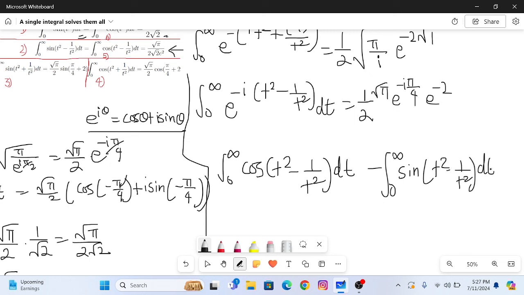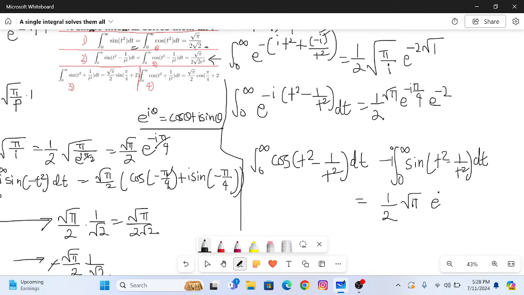Yes, and all with an i in front, and this is equal to 1 by 2 root pi, and then e to the power minus i pi by 4 times e to the power minus 2.